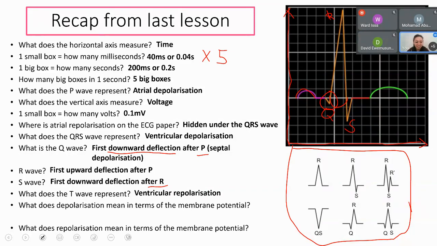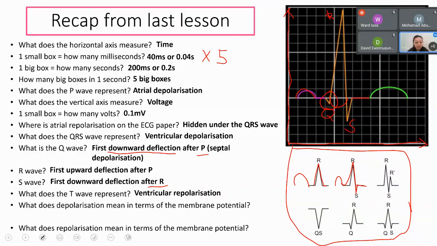So just quickly look at this bit because the QRS confuses a lot of students from my experience. I told you that the Q wave is the first downward deflection after P. Imagine we always have a P wave here. If we don't see a downward deflection after P but an upward deflection, it's just called an R wave. If there's no downward deflection but an upward deflection, then a downward deflection, it's called an RS wave.